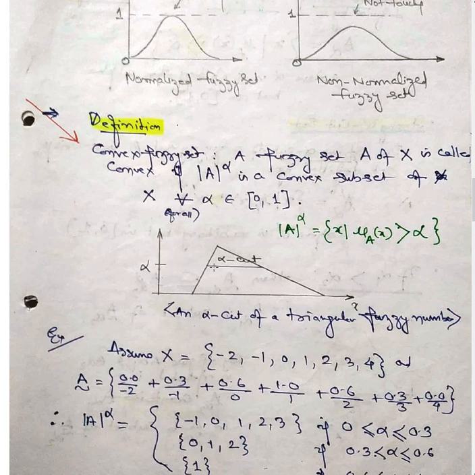So for all the values of alpha, suppose we are cutting at alpha, you will be taking the values with respect to these areas. That is A to the power of alpha, the fuzzy set to the alpha, such that x with mu A of x is greater than alpha. That is the condition: if x and mu A of x is greater than alpha, then that is known as an alpha cut. Now take an example.